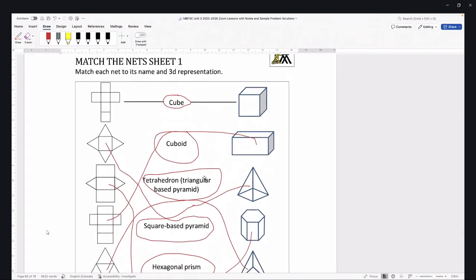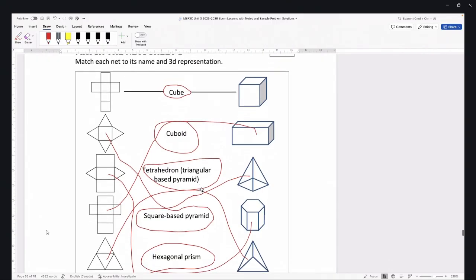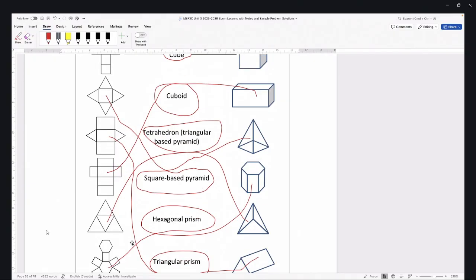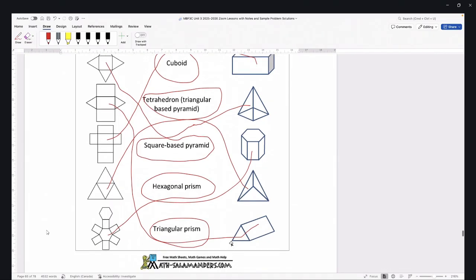It's basically match the net with the shape with the name. I'm not too concerned about the names right now, but as long as you can visualize the nets forming these shapes over here. If you can visualize that, you can always look up the names if you want.